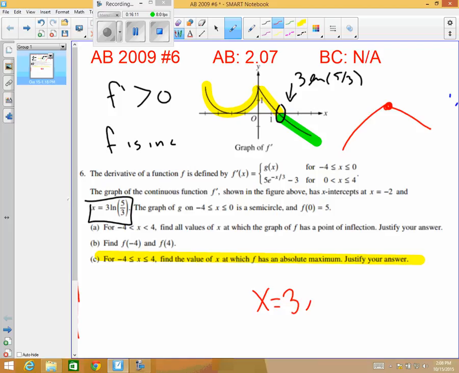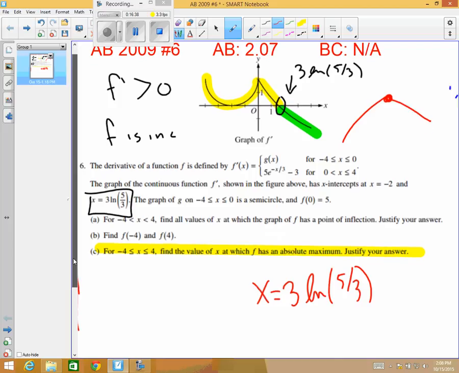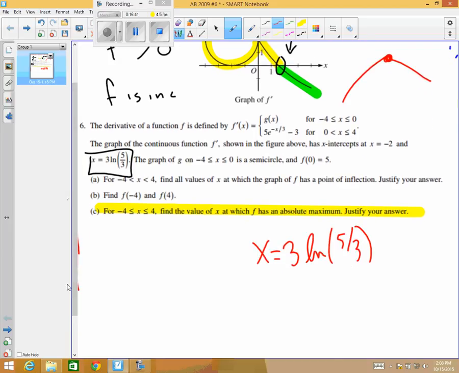Also says justify your answer. And I think a lot of people would say something like f prime changes from positive to negative at this point, therefore it's a maximum. That's a true statement, but that by itself doesn't prove that it was an absolute maximum. I think they might ding you if you're not a little bit more specific. I think you need to be super careful and say something like from x being between -4 and 3 natural log of 5/3, the function is increasing.